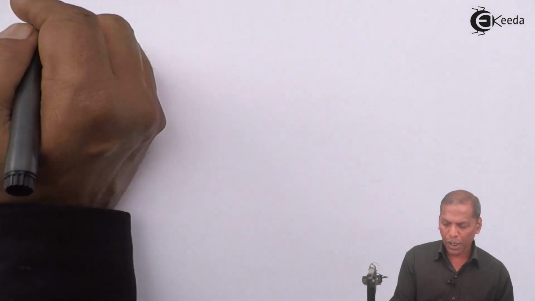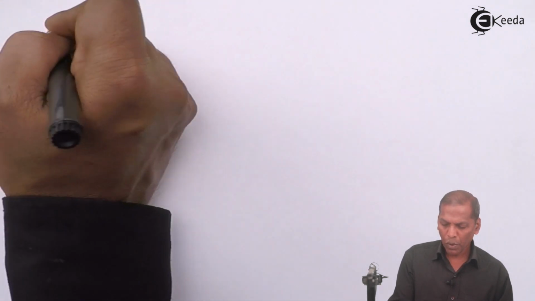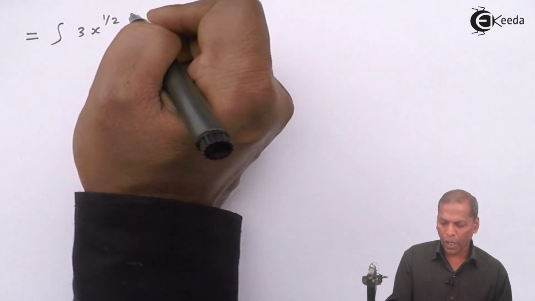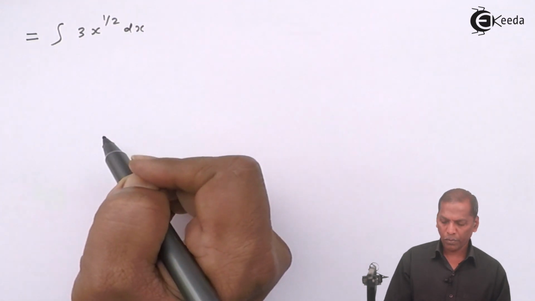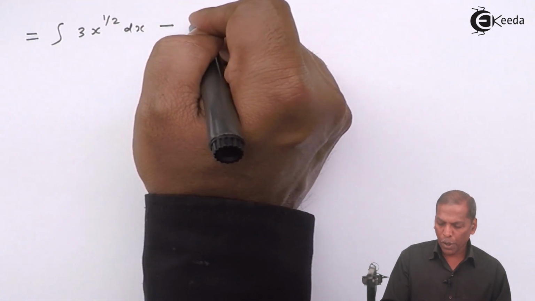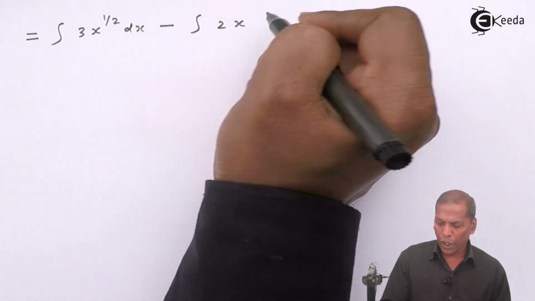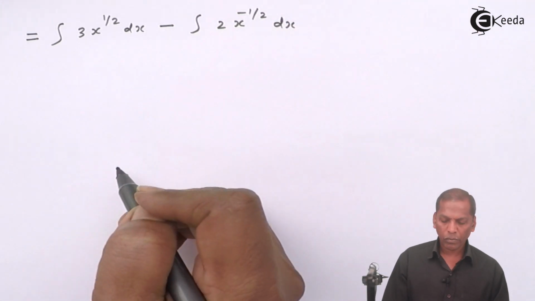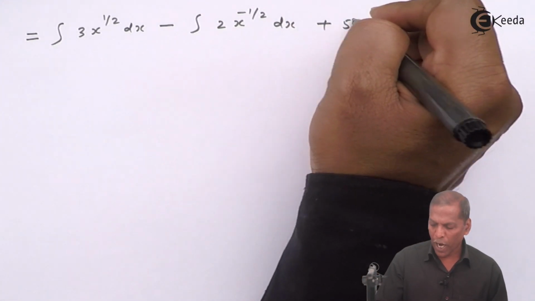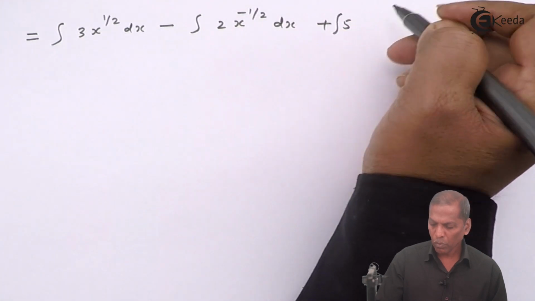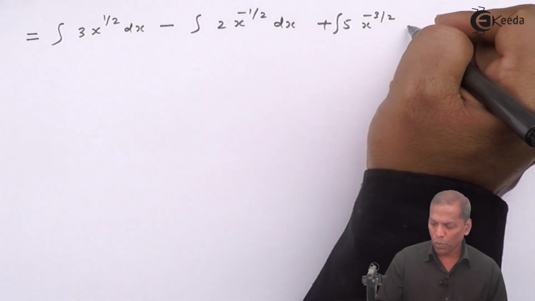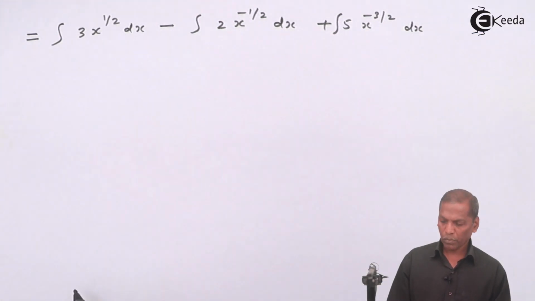Now by using rules of integration, this can be written as integral 3 into x raised 1 by 2 dx, then minus integral 2 into x raised minus 1 by 2 dx, and plus 5 into x raised minus 3 by 2 dx.